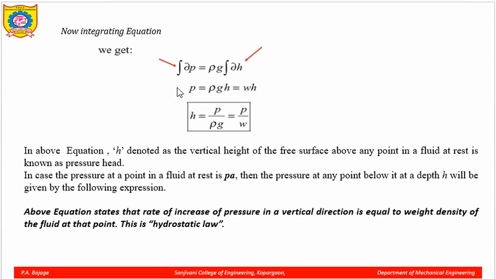So, P equals rho g H, since the integral of delta H is H. So, P is equal to rho g H, or P is equal to W into H. If you want to find the height when you know the pressure, H is equal to P upon rho g, or P upon W. This is the equation for the hydrostatic law.